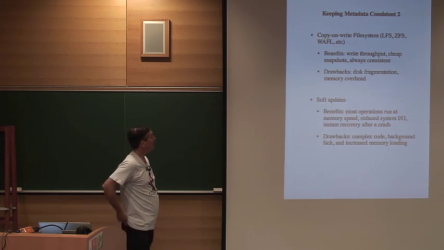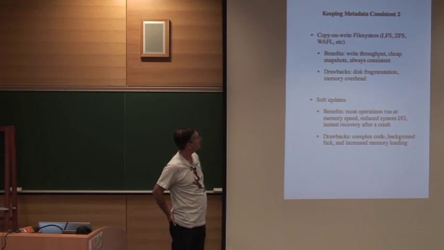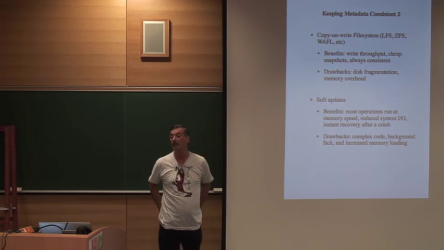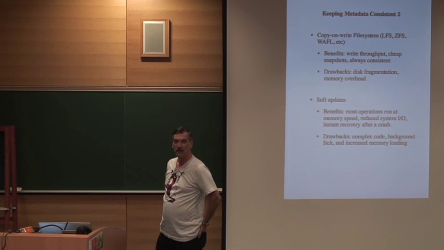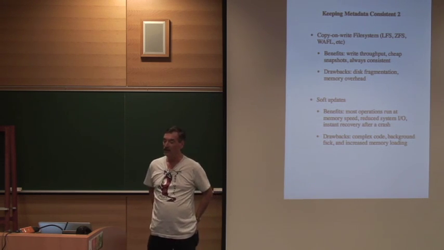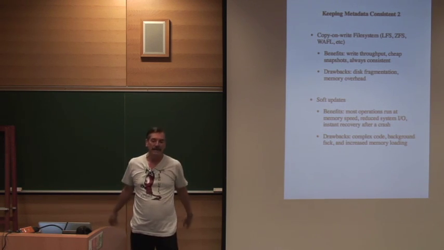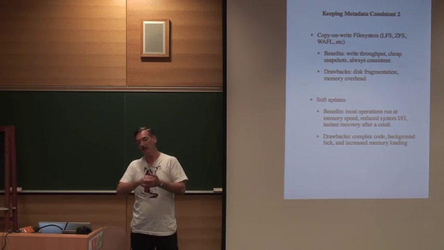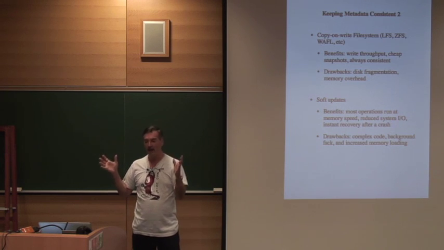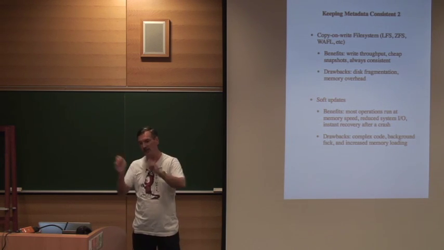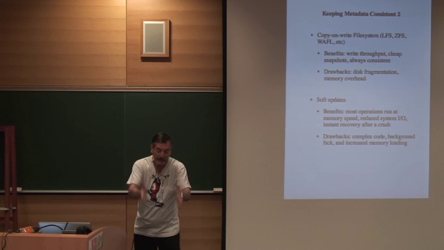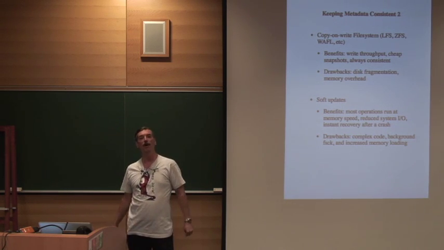OK, next on the hit parade here is Copy-On-Write file systems. The UFS and most other file systems of its vintage are all what we call overwriting file systems. So if you add data to an inode, we simply go and read in the inode off the disk and update the block pointers and the size and whatever else. And then we write that back on top of what was there before.